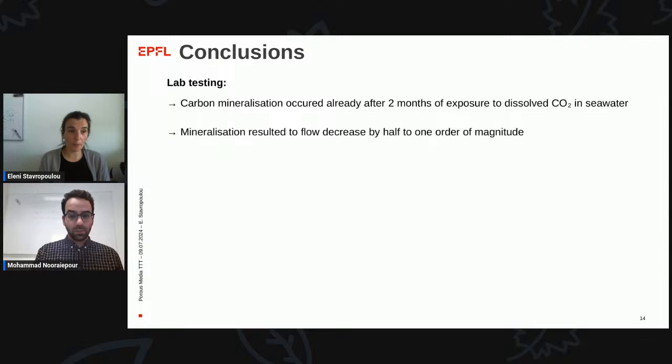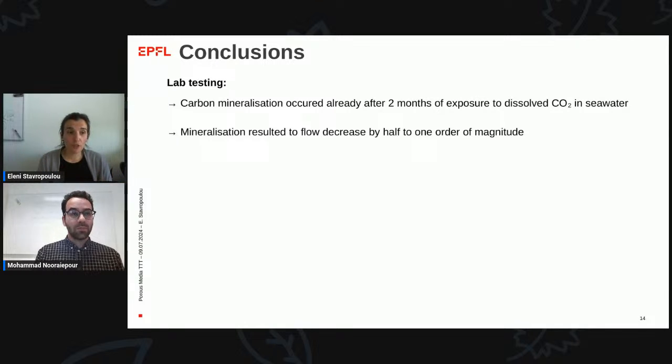This we deduced by means of reduction in flow, but we have some complementary measurements related to pH changes and conductivity that you can find online in our published work that I'm going to share at the end of my presentation.